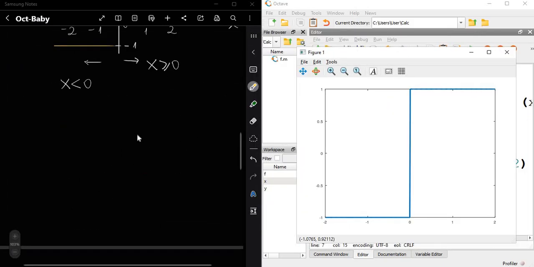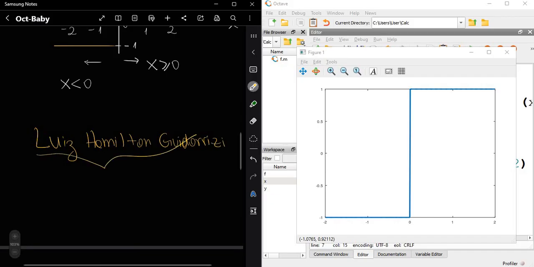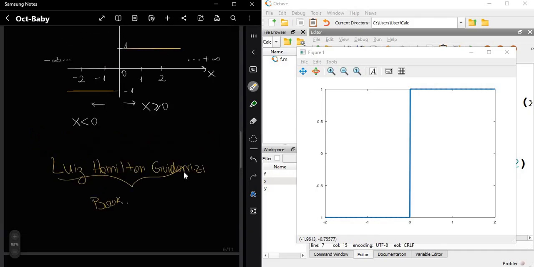Again, the literature that we are using is by Luis Hamilton Guidorizzi, I think that is how the author writes. So this is the book that we are covering.